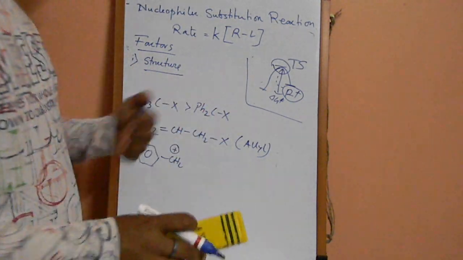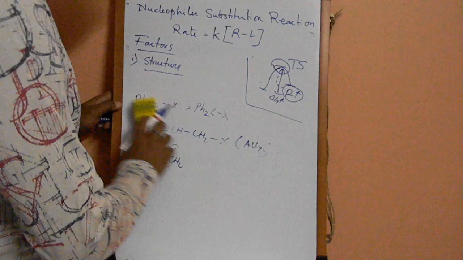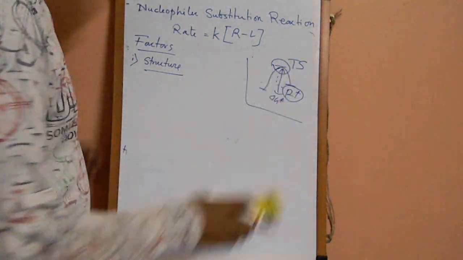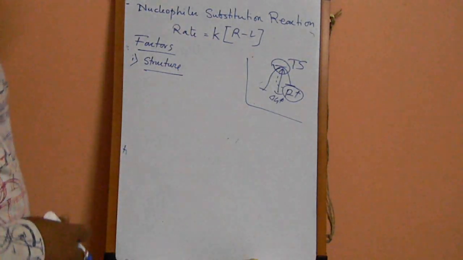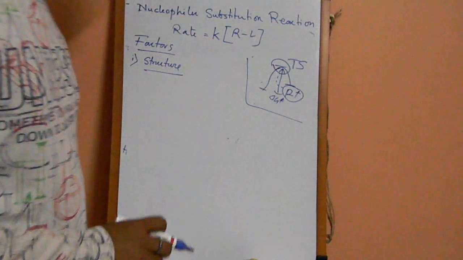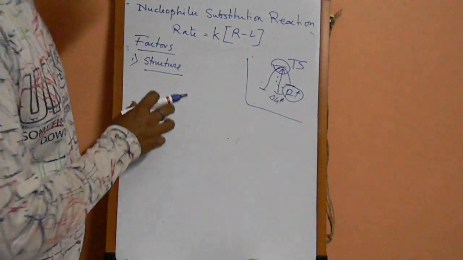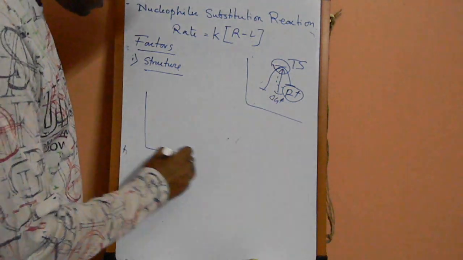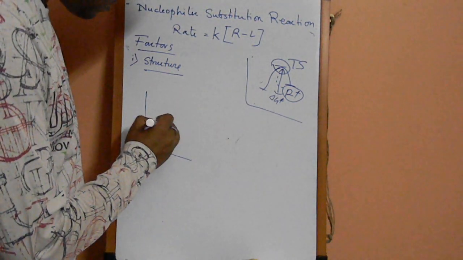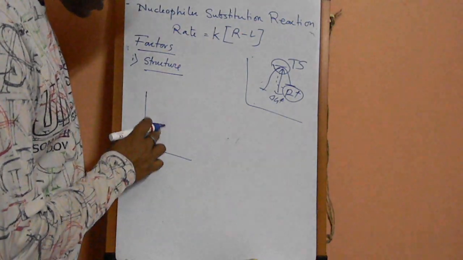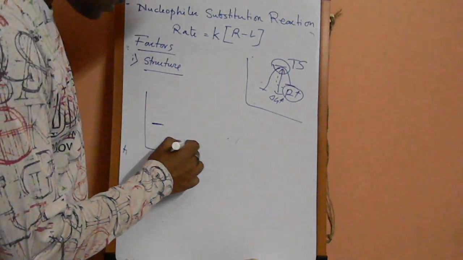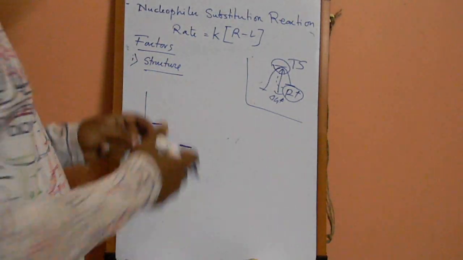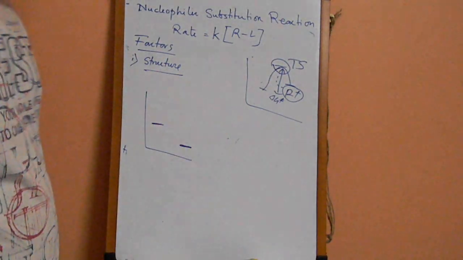But apart from that, you have some other criteria which can also stabilize the transition state and thereby increase the speed of the reaction. One very important thing is, suppose some molecule on the substrate is very much strained, energetically it is very much strained, so its level of energy is somewhat higher compared to the other molecule. Suppose these are very similar kinds of structure, like an enantiomer kind of thing.